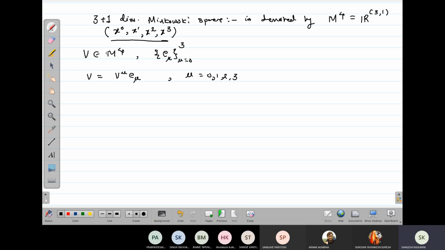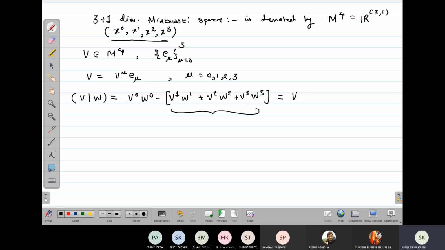This Minkowski space comes with an inner product. It is defined as follows: you consider two such vectors V and W. The inner product of V and W is defined to be V0 W0 minus V1 W1 plus V2 W2 plus V3 W3. As far as this is concerned, this is just your usual inner product in R3.